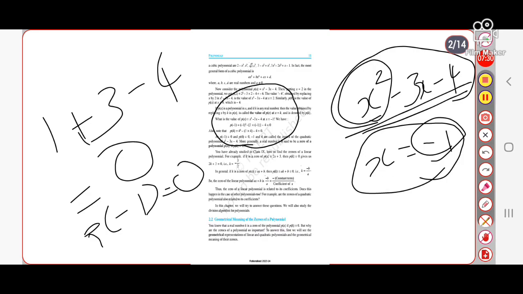Then they have substituted 4 also. For 4 we again arrive at the same value, 0. So we represent it as p of 4 equal to 0 for this polynomial.